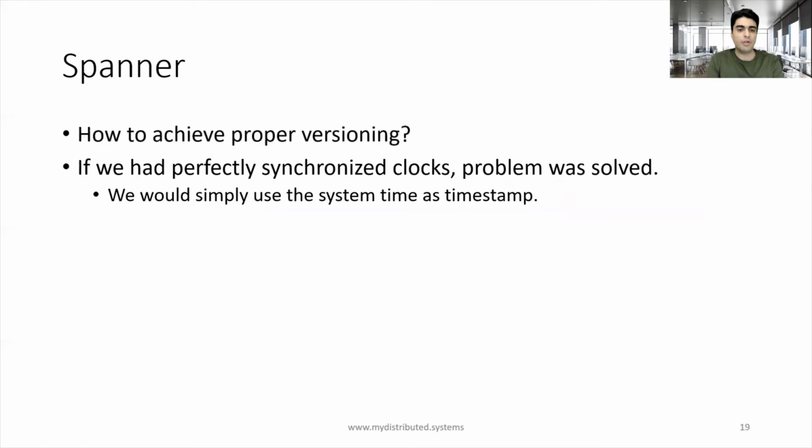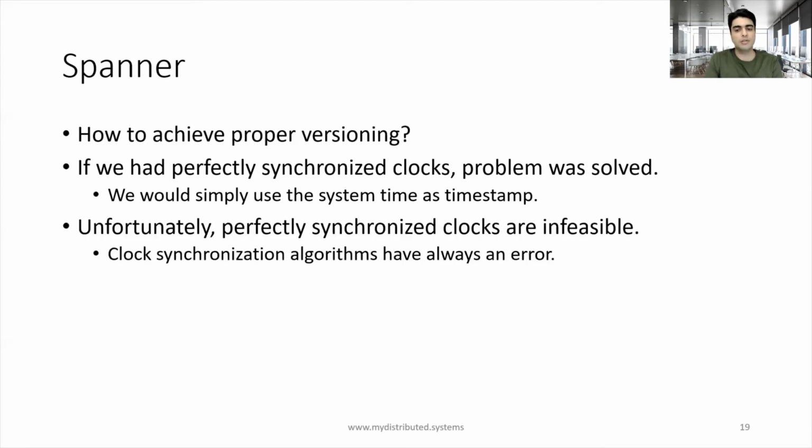If we had perfectly synchronized clocks, then the problem would be solved. We would simply use system time as the timestamp, and we would have proper versioning, very simple. But unfortunately, perfectly synchronized clocks are infeasible with today's technology, so all clock synchronization algorithms always have an error.